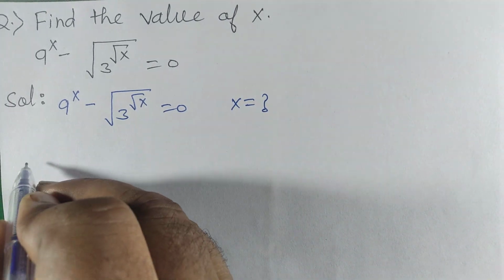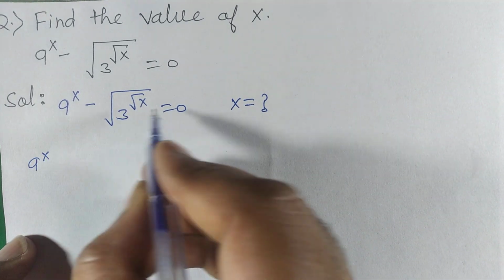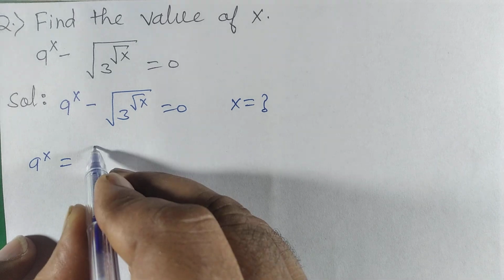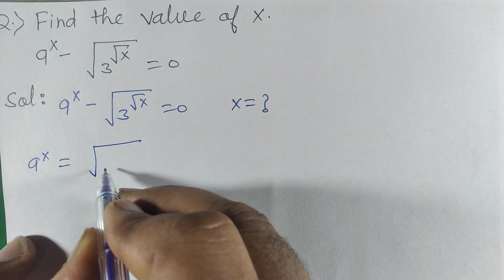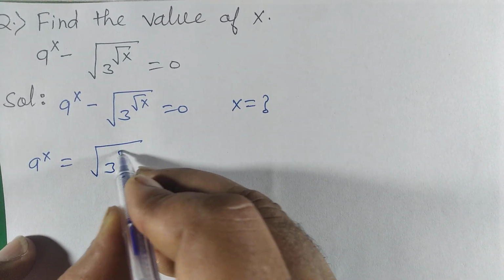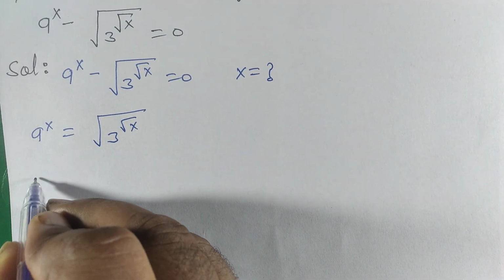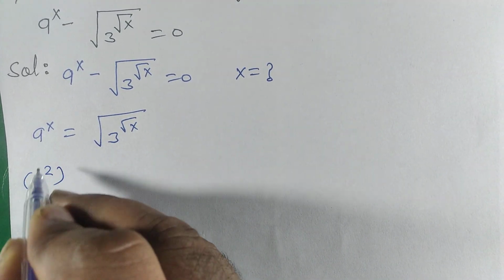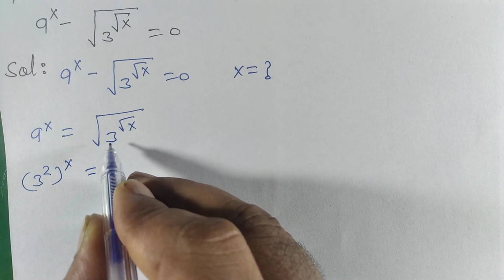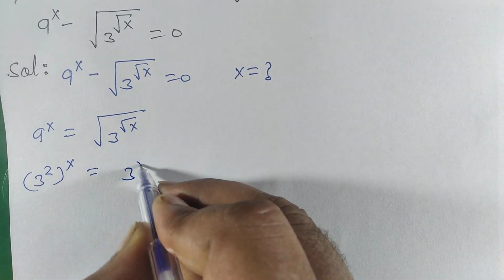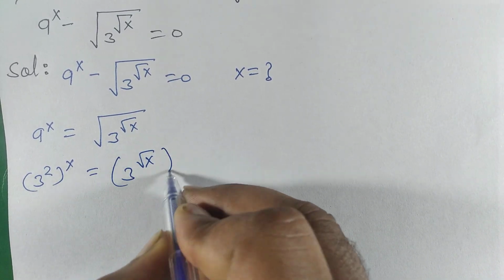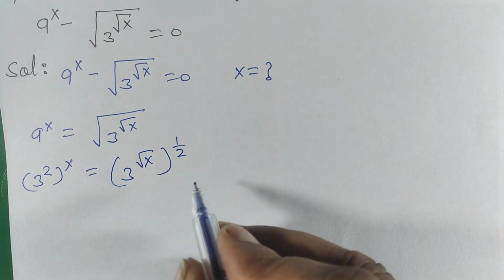Now on solving this, 9 to the power x, move this part to the right side. 9 to the power x is equal to square root of 3 to the power square root of x. This 9 can be written as 3 squared, the whole raised to the power x, and this part can be written as 3 to the power square root of x, the whole to the power 1 by 2.